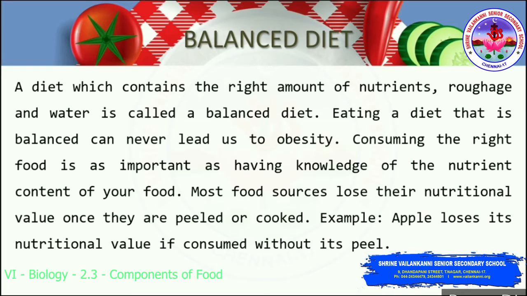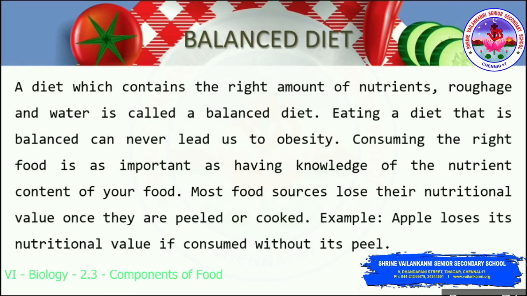Milk group, milk and cheese, curd, ice creams, which are rich in protein, fat, minerals and carbohydrates. Vegetables and fruit group, fresh vegetables and fruits, rich in carbohydrates, vitamins and minerals. Cereal group, rice, bread, chapatis and noodles, which are rich in carbohydrate.